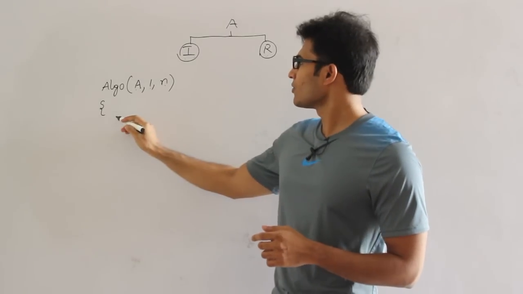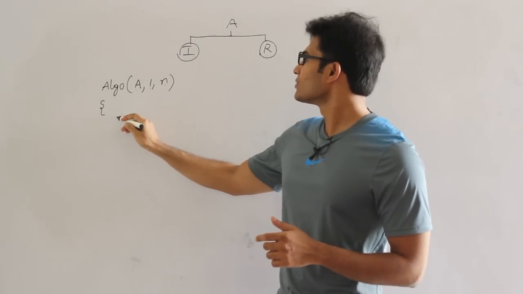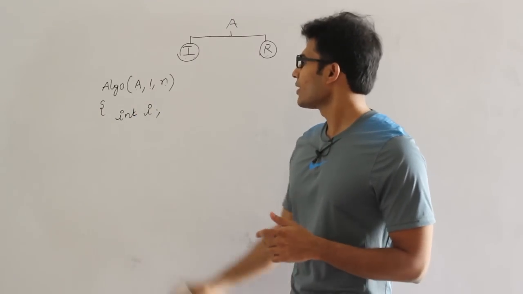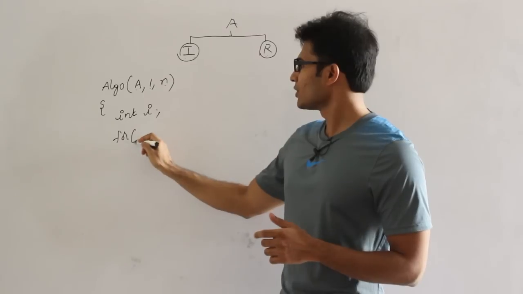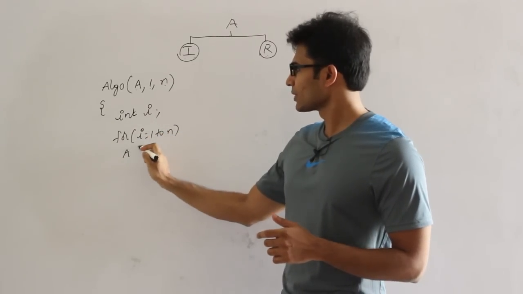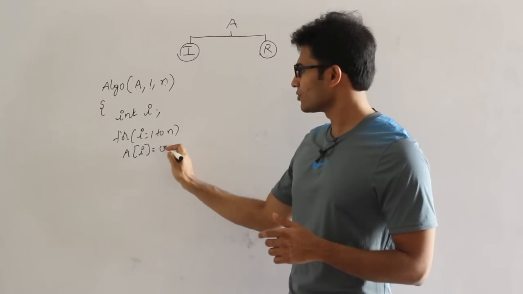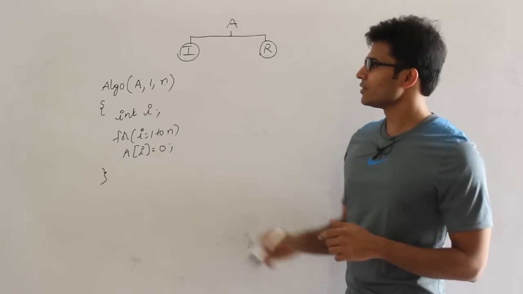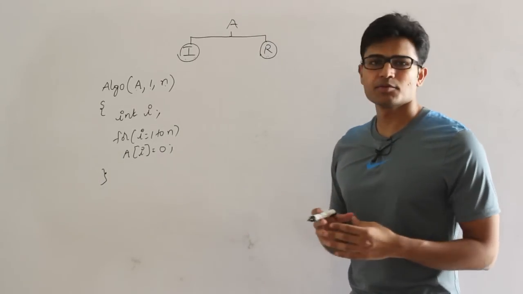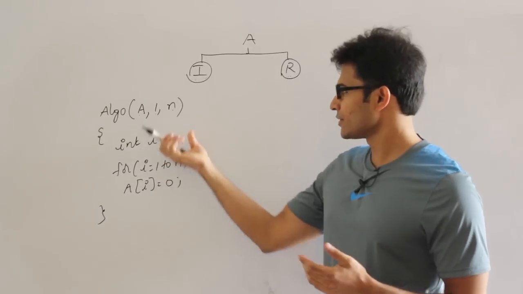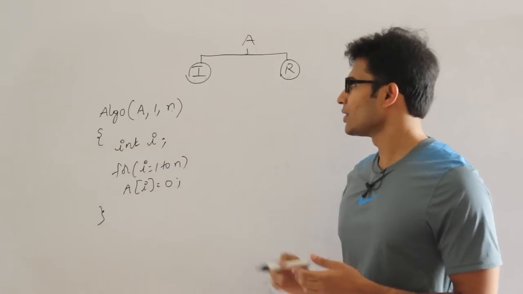Now I am going to use one integer i, and then I have a for loop for i equal to 1 to n, A of i equal to 0. A simple small iterative program, right? The syntax of this program is not related to any particular language. It is a generic program, so you can even call it an algorithm.